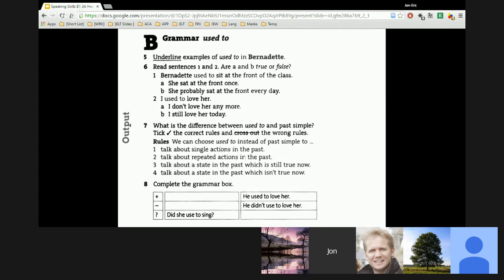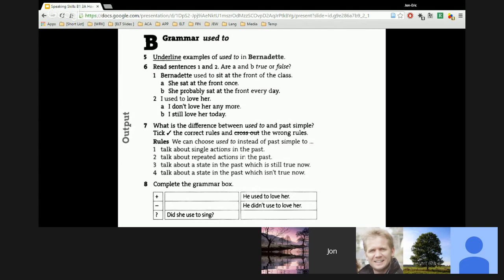You can actually. But Frederick's advice was you have to specify the time. Well, let's be clear about that. The context has to show you that it's a repeated action. You don't have to actually say always in the sentence.